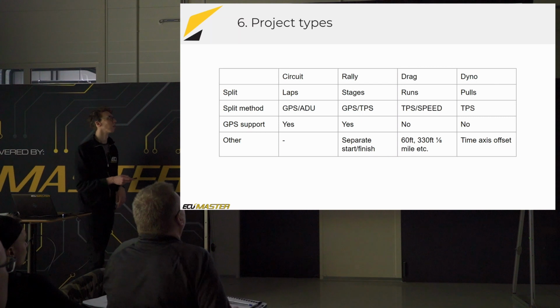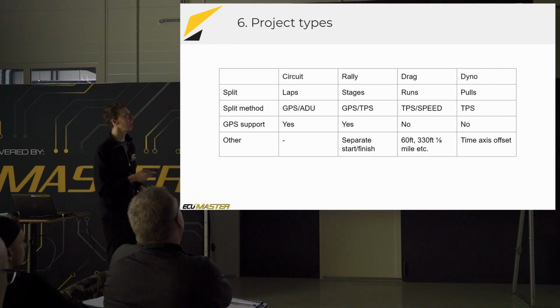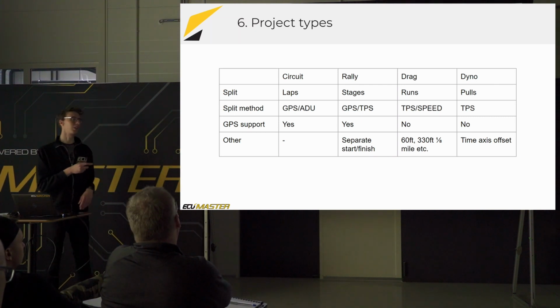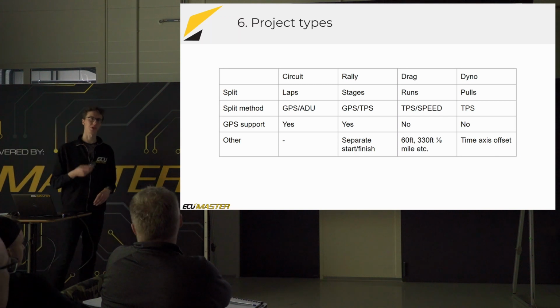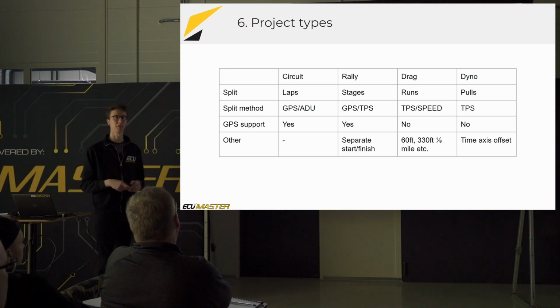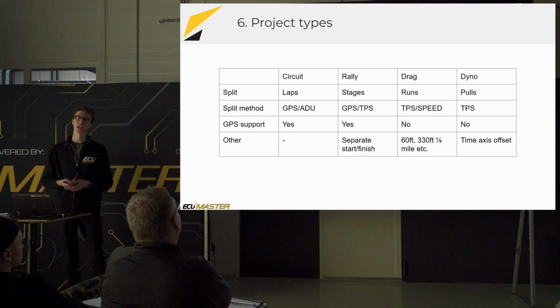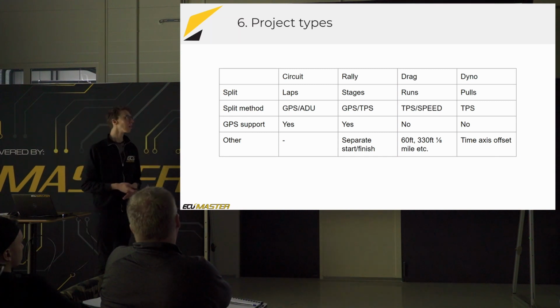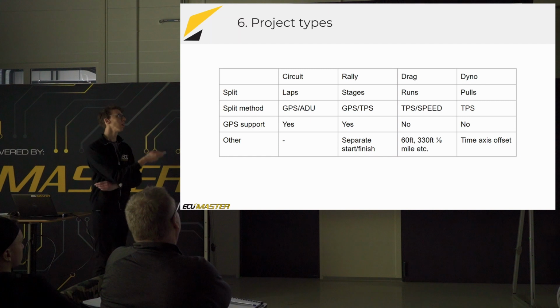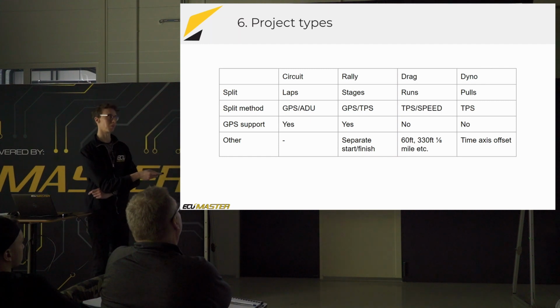The last part is I would like to discuss the differences in different project types. Because as I mentioned before, the whole training was done in the circuit, but as I said before, we support different types of motorsport.